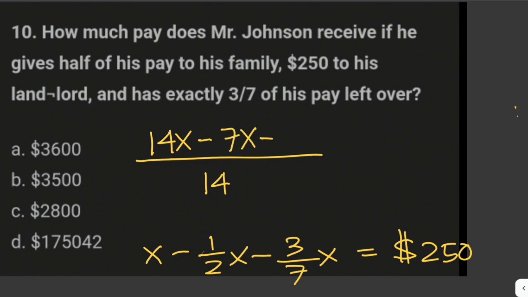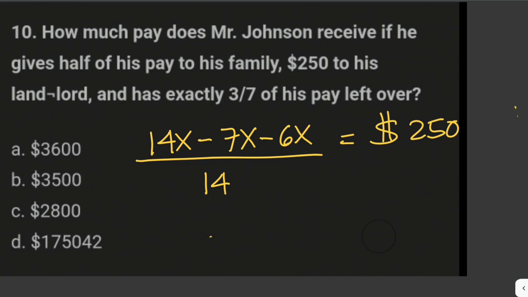Then 14 divided by 7 is 2, then 2 times 3 is 6x equals $250. Now we can simplify the numerator by subtracting: 14x minus 7x is 7x, 7x minus 6x is just x over 14.